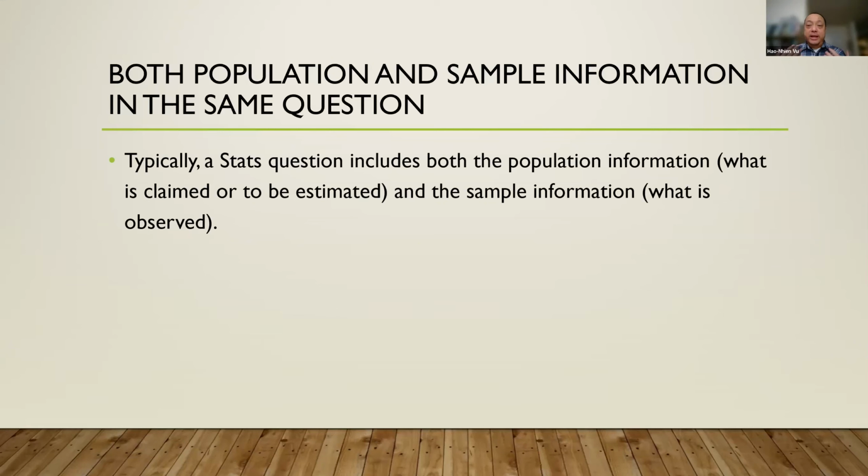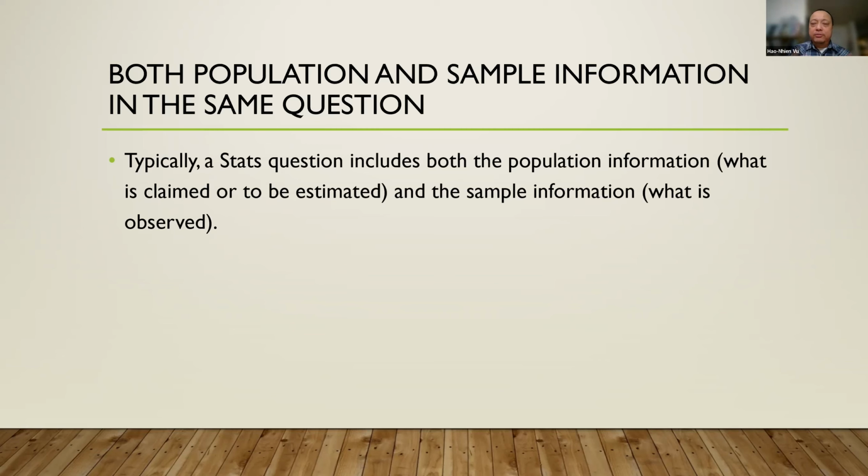All right, now I'm going to give some more questions where both sample and population information appear in the same question. A typical statistics question would say both that the researcher is trying to estimate something or making some claim, and then also that the researcher goes out and collects sample data and brings back the information.